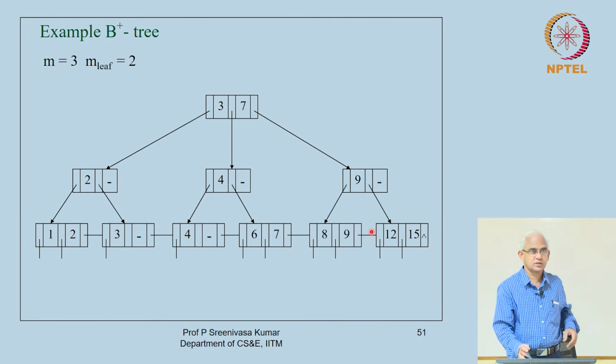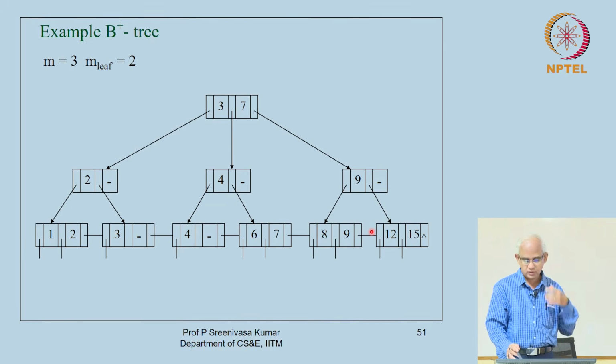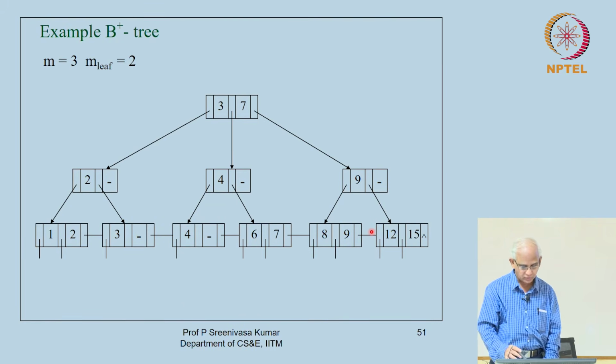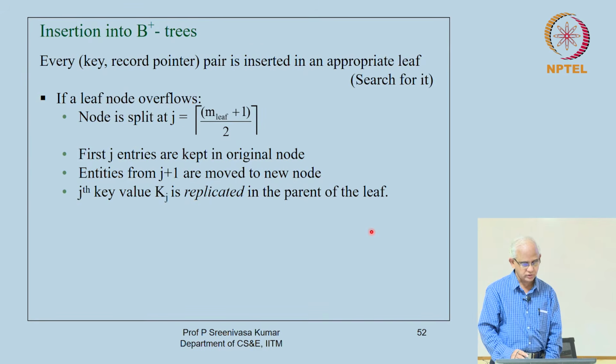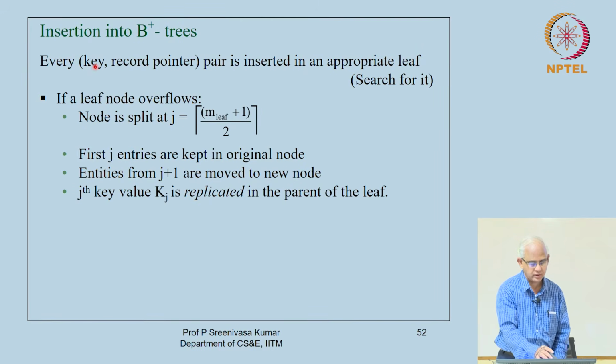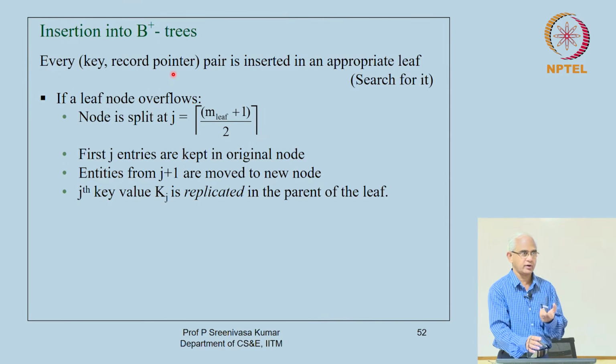Next, we will discuss how to handle insertions into this structure and how the structure evolves as we insert and delete records. Okay. So, insertion into B+Trees. Now, a key and a record pointer is what we get.